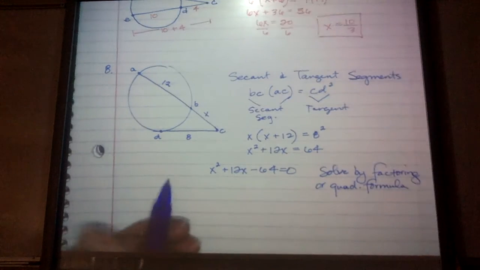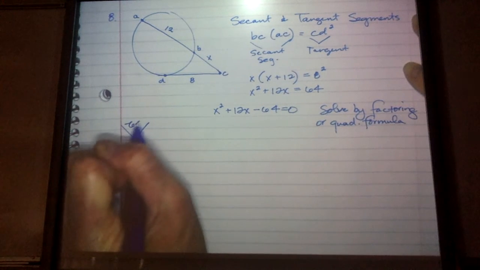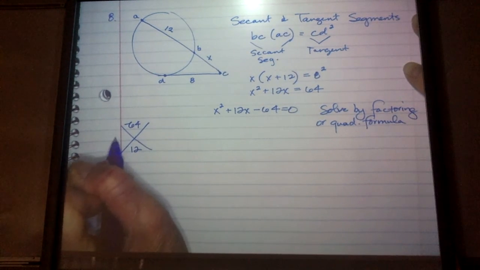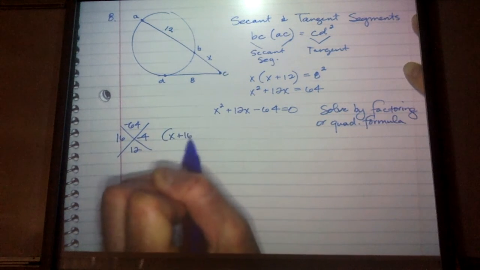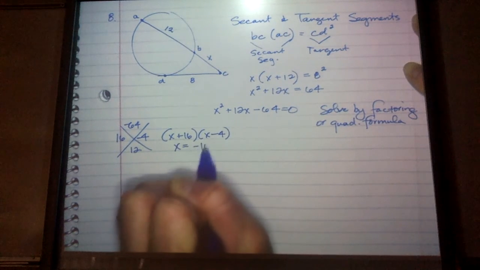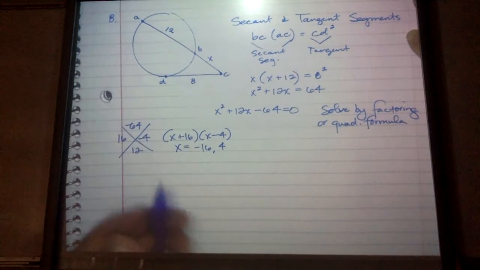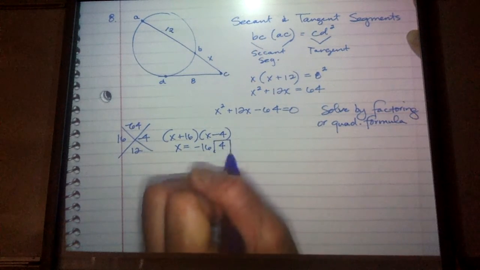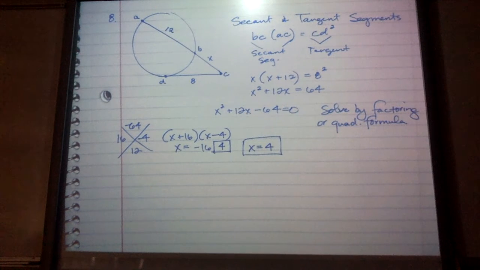I'm going to factor because I think it's faster, but I can show you both. So negative 64 and 12, that would be 16 and negative 4. So x plus 16, x minus 4. So x equals negative 16 or positive 4. I can't have a negative 16 segment, so the answer is only 4. Or you could have used the quadratic formula.